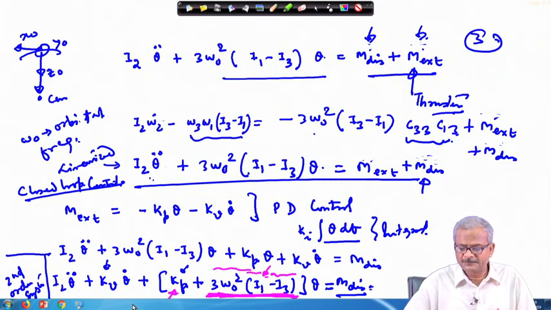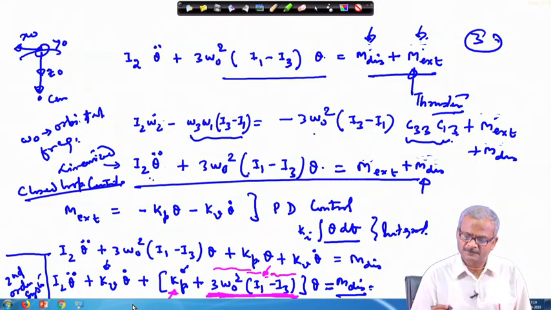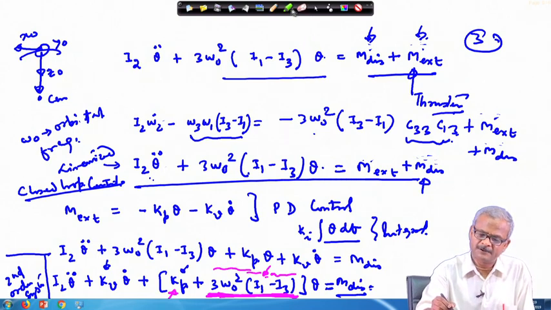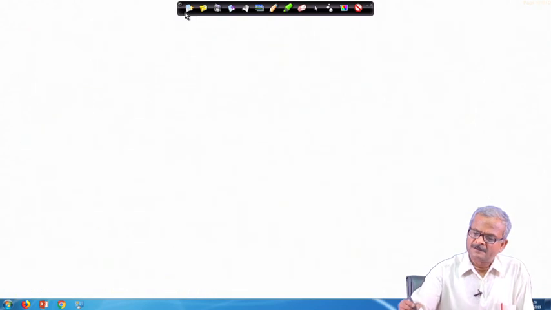That may consist of reorienting the satellite. The same way then you can proceed for the yaw and the roll one, but they are coupled, so little care is required for that.